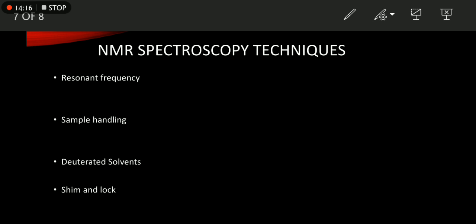In order to compensate for the inhomogeneity and the drift in the magnetic field, the spectrometer maintains a lock on the solvent deuterium frequency with a separate lock unit, which is essentially an additional transmitter and RF processor tuned to the lock nucleus. In modern NMR spectrometers, shimming is adjusted automatically, though in some cases the operator has to optimize the shim parameters manually to obtain the best possible resolution.